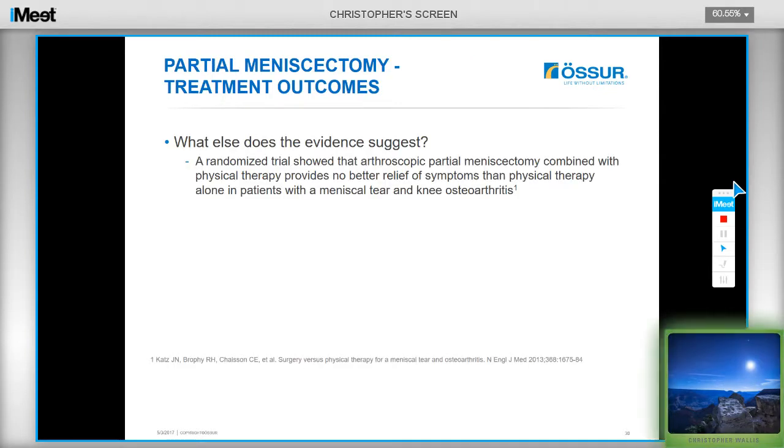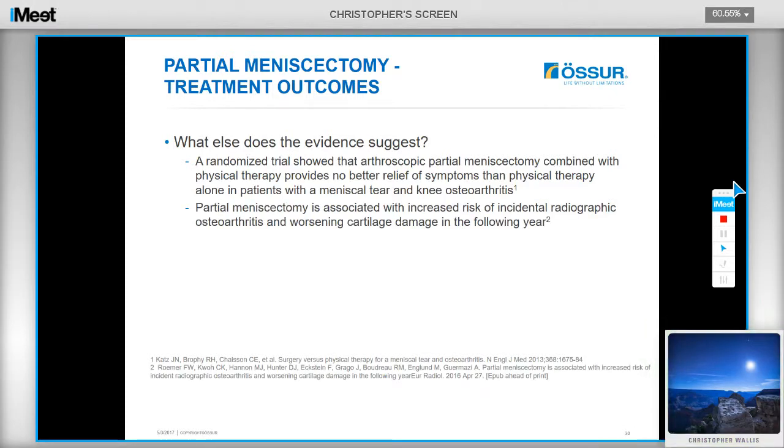What else does the evidence suggest? A randomized trial showed that arthroscopic partial meniscectomy combined with physical therapy gave no better relief of symptoms than physical therapy alone for patients with meniscal tears and knee OA. Partial meniscectomy is associated with increased risk of incidental OA and worsening cartilage damage even as early as the following year.